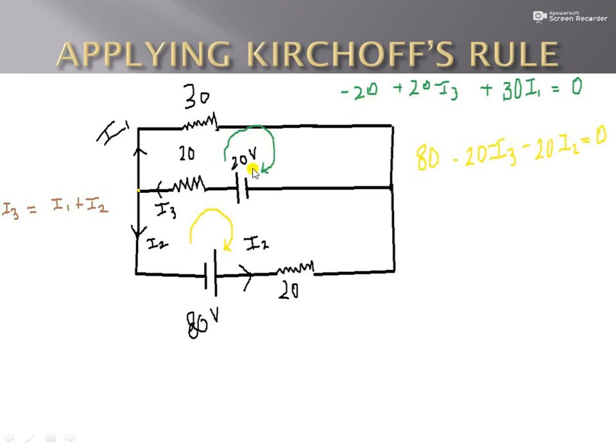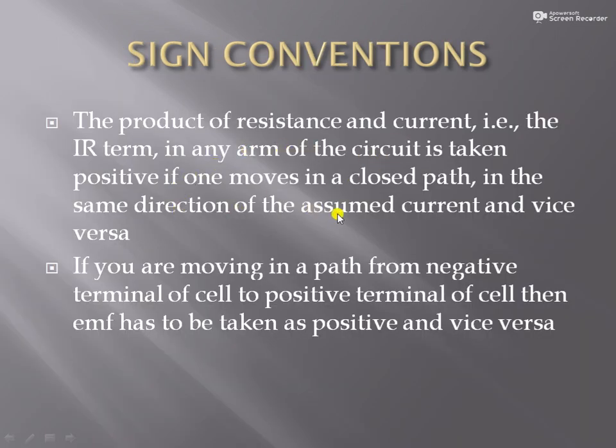Now when you move further, there is a resistance of 20 ohm and the current flowing through it is I3, and your loop direction and the current direction are the same. When they are in the same direction, it has to be taken as positive. The IR term is taken as positive if one moves in a closed path in the same direction as the assumed current.